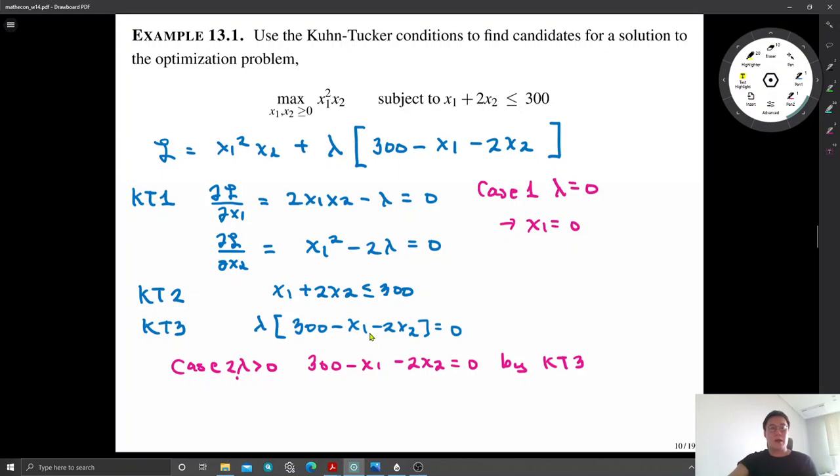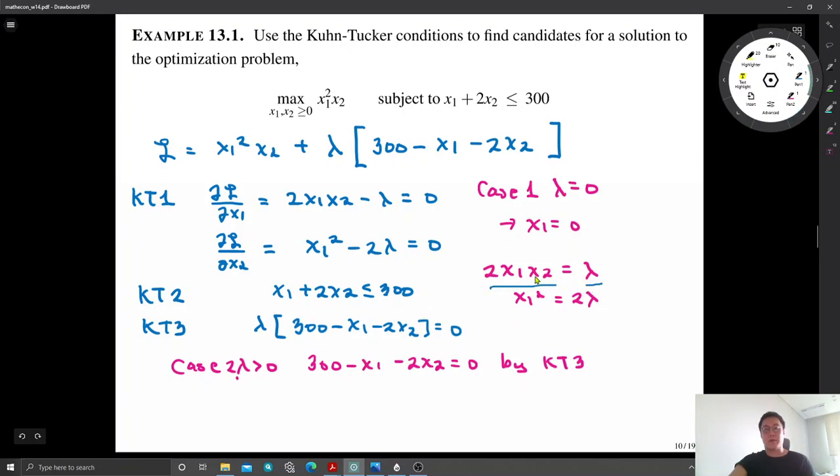And now using KT1, the stationary condition, because lambda is strictly positive, after rewriting this, 2x1x2 equals lambda, and x1 squared equals 2 lambda. I can divide the first by the second.